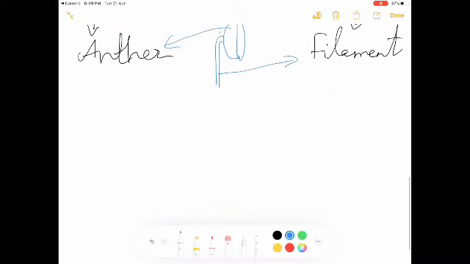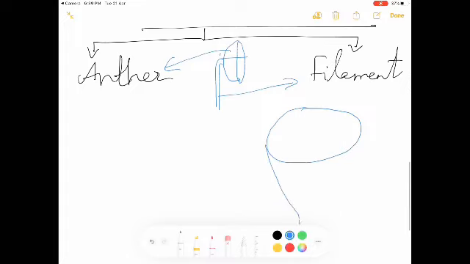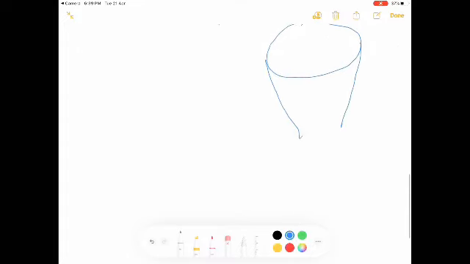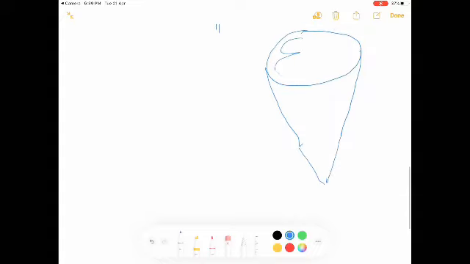So students, these anthers are actually very special. If I make a diagram for you and cut the anther, it will look like this, and two sacs are present inside.